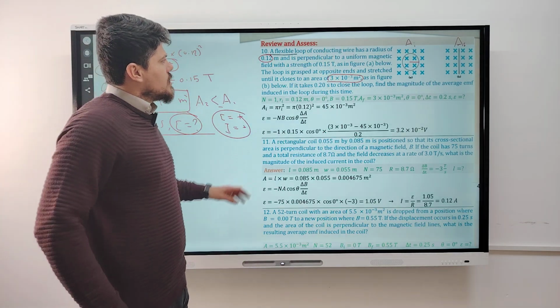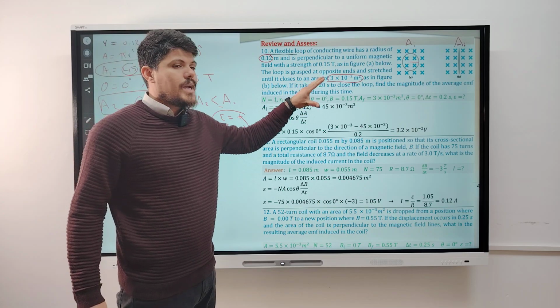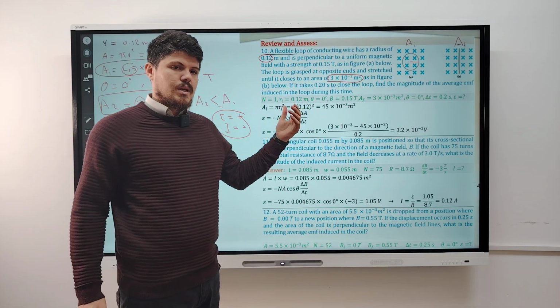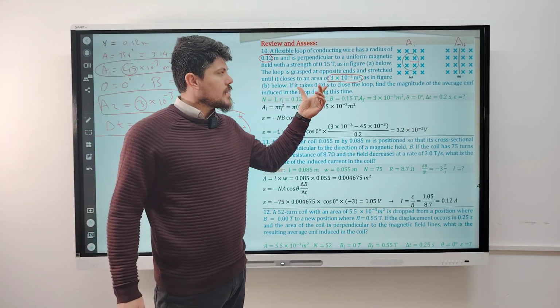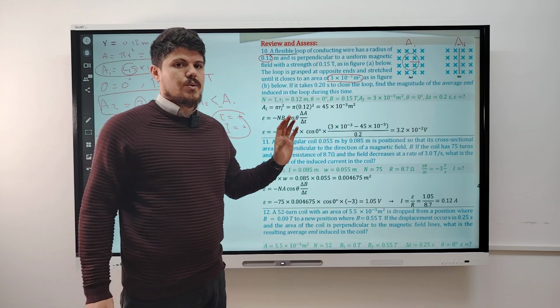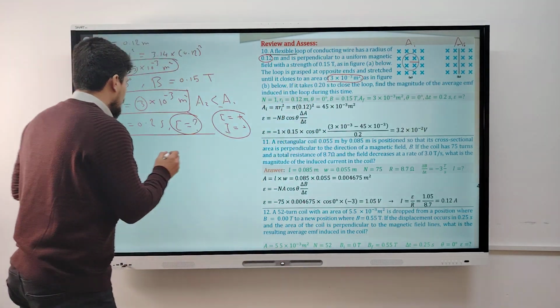So what is the difference between this question and the other questions? In this question, the area changes. But in the previous questions, as we solved earlier, the magnitude of the magnetic field was changed. Okay? The difference in this question is that the area is changed.